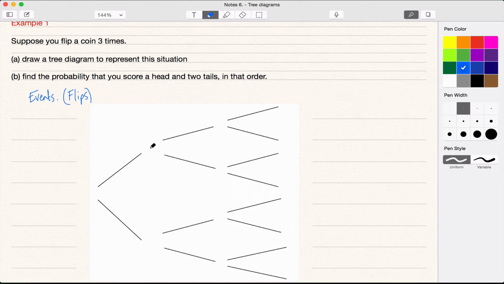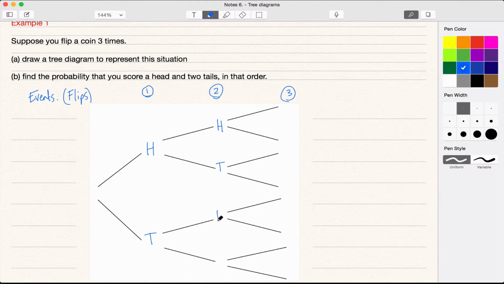So on the first flip of the coin, I'll put a 1 here, a 2 here, and a 3 here. On the first flip, I could get a head or tail. On the second flip, after I get a head, I could get heads or tails.